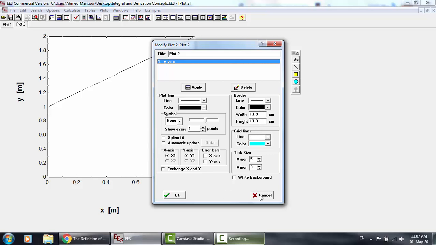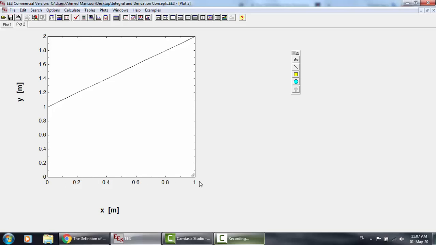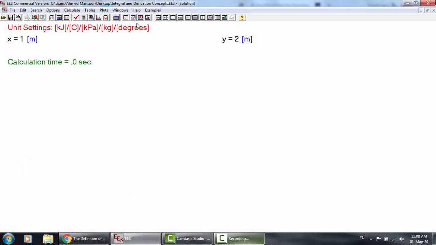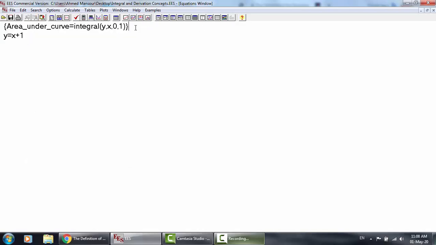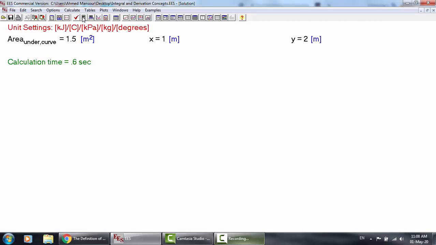Width and height, there's no problem. We have 1 meter and here 1 meter, so this is a square. The area of this square is 1 square meter plus the area of this triangle. It is half multiplied by 1 meter multiplied by 2 minus 1, which is 1. So we have here half square meter plus 1, which gives you 1.5. Remember the integral, 1.5.